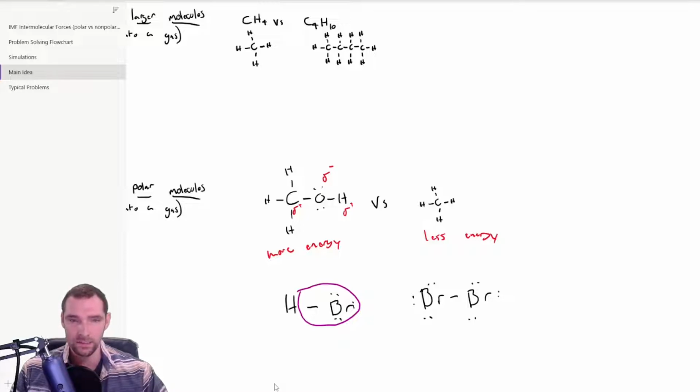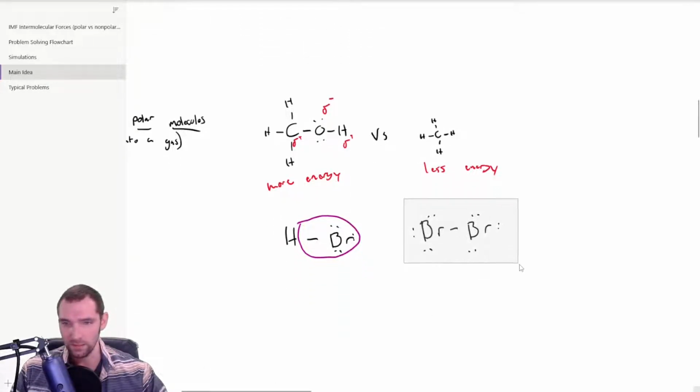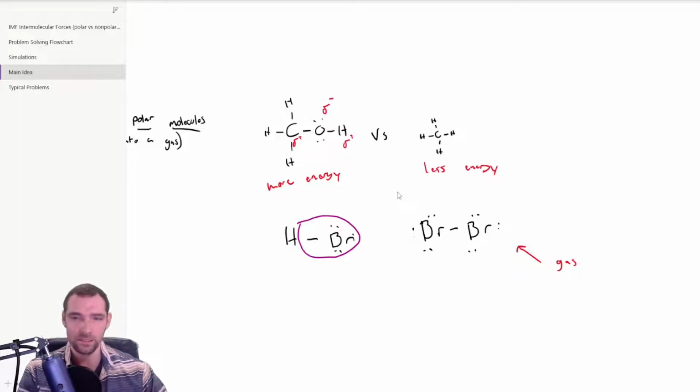Same thing if you have bromine bonded to itself. That's actually a gas. We know that that's a gas at room temperature. This is a nonpolar thing. They're not going to be interacting very strongly with the other bromine gas molecules, so they're going to boil off very easily and have very low boiling points. As opposed to HBr.